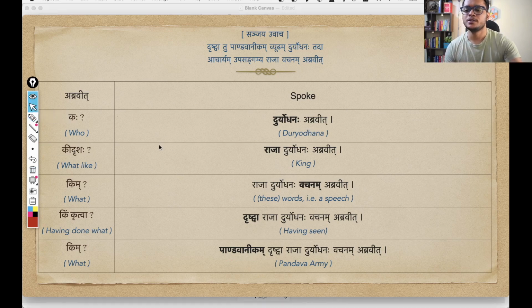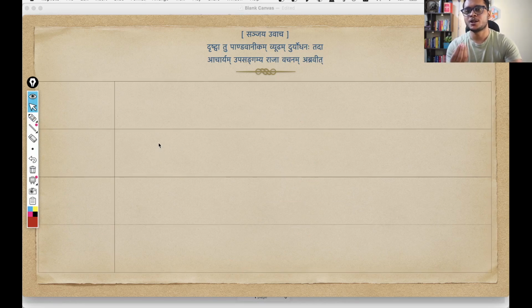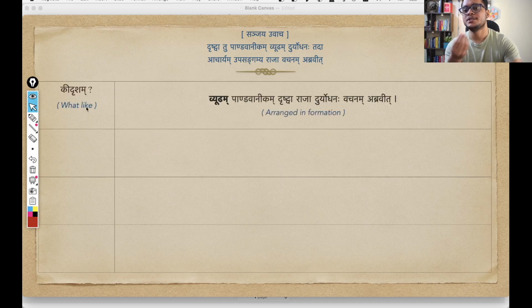Now, immediately you can guess that whenever we encounter any noun, to reach the adjective of that noun, we ask something. And what is that we ask? We ask Kidrisham. So this is our trick of getting to the adjective of its noun. So Kidrisham, what like? So having seen the army of Pandava, and now immediately I'm asking what was the army like? How was it like?